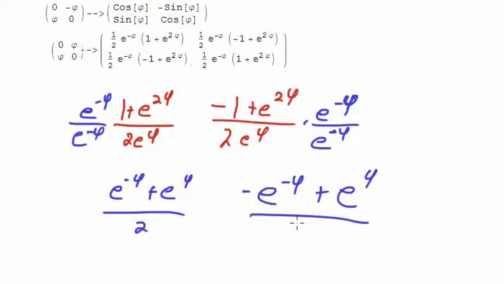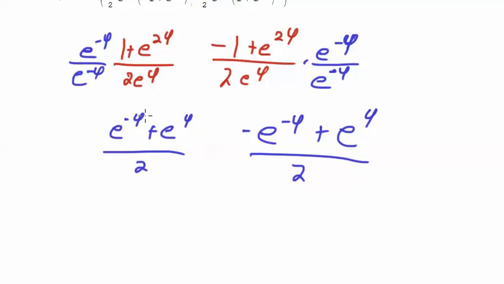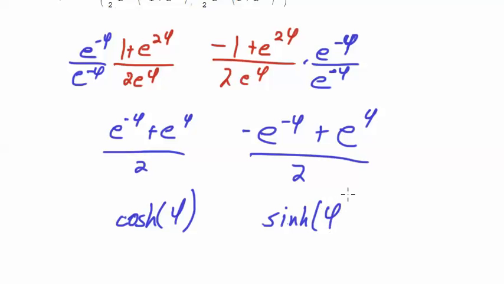E to the phi times e to the negative phi is 1, so you get e to the negative phi plus e to the phi over 2. Now, this one is the definition of hyperbolic cosine of phi, and this one is the definition of the hyperbolic sine of phi.